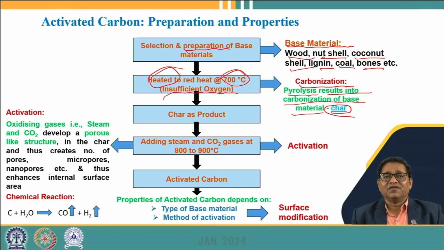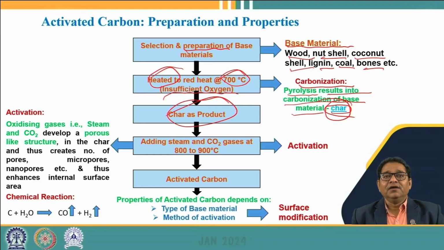This is done because if there is a lot of oxygen present, it will oxidize the carbon materials. So the base material is heated to 700 degrees centigrade in the absence of air and gets converted into a char.